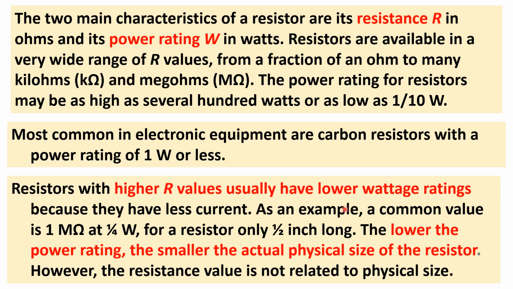As an example, a common value of 1 megohm at just 1/4 watt for a resistor is only 1/2 of an inch long. The lower the power rating, the smaller the actual physical size of the resistor. However, the resistance value is actually not related to physical size.